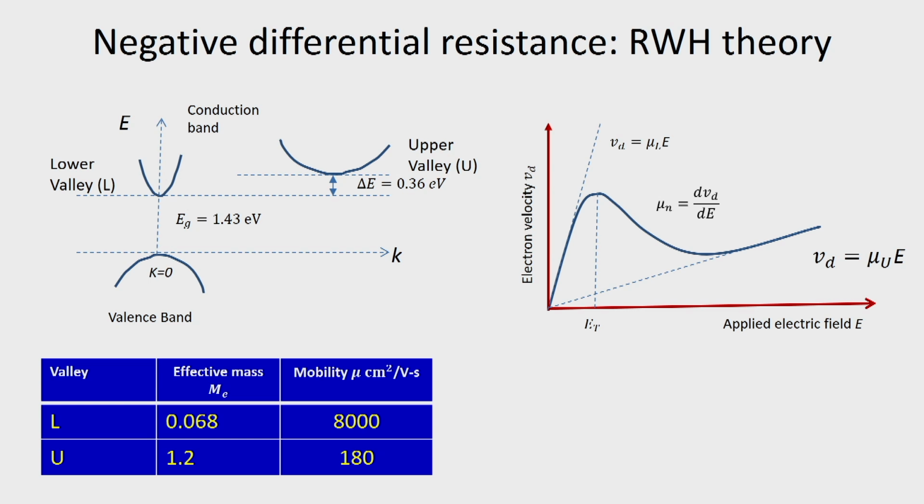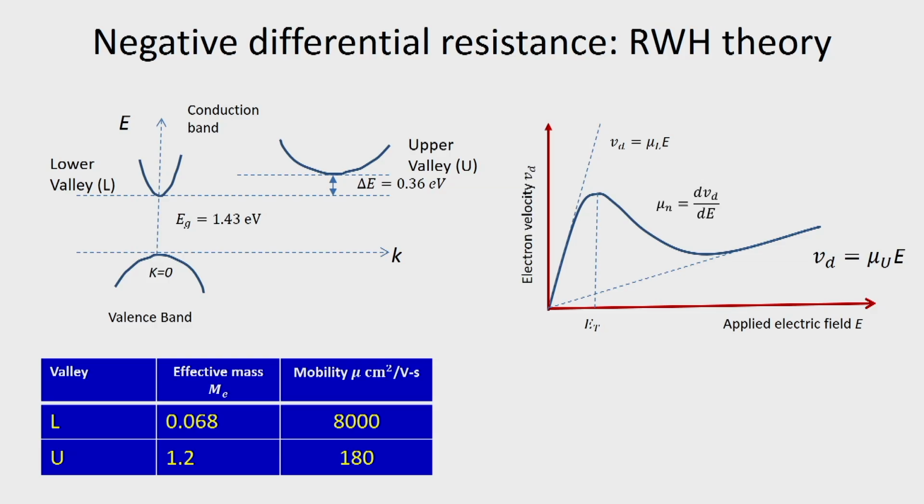Now, when a bias field is applied in this type of material, the electrons move to the lower valley and the upper valley U does not have any electron. So, this is shown here.